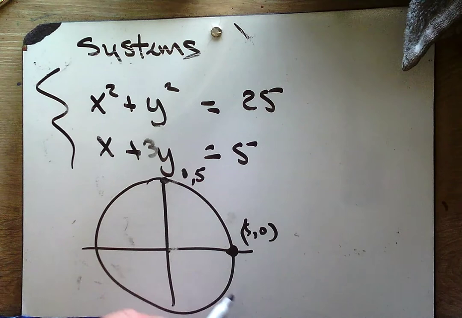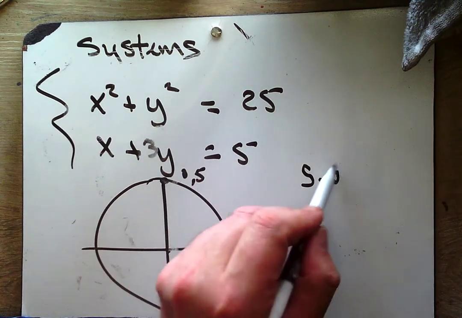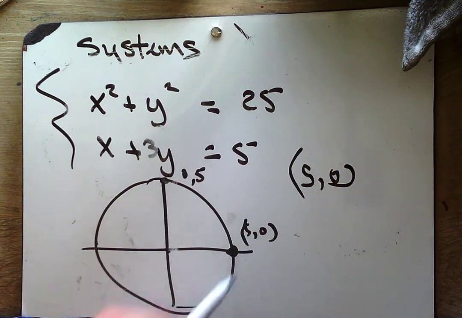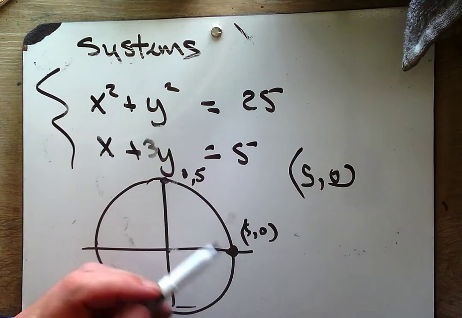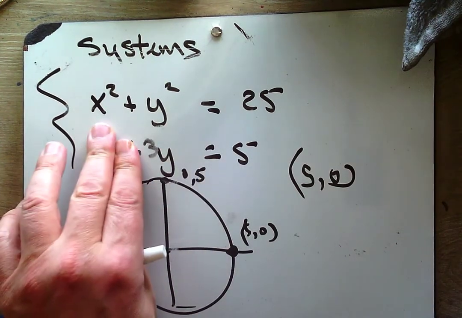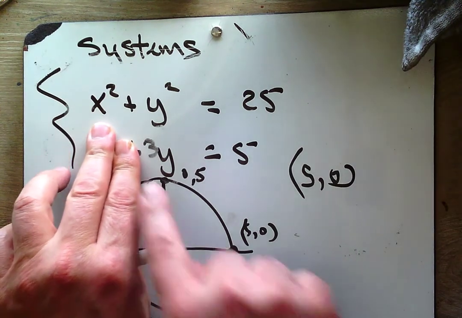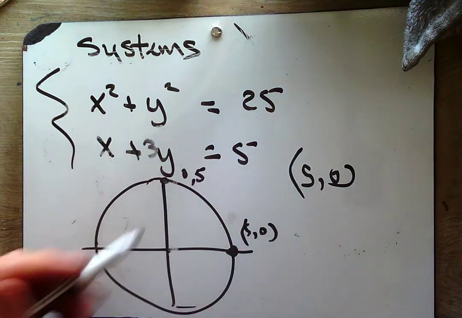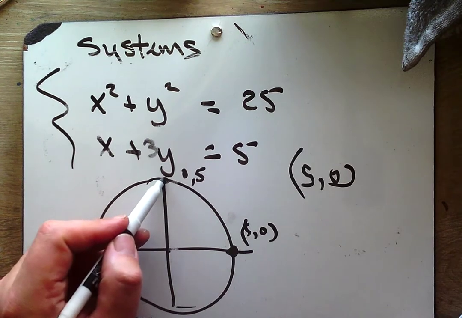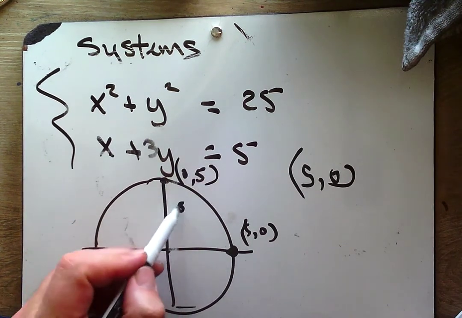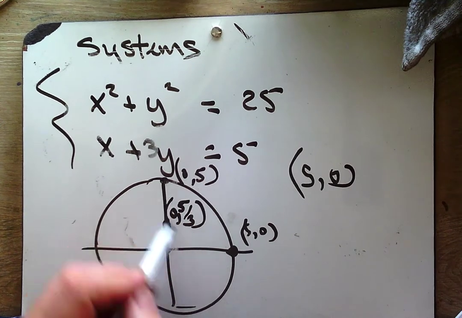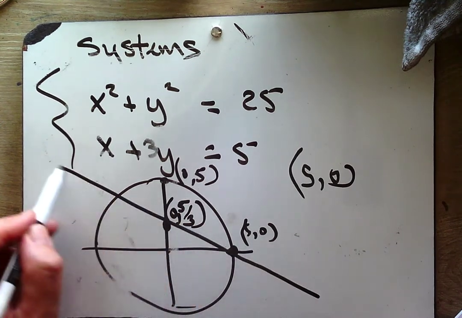Ooh, I've already found a solution. 5, 0 is where the circle exists, but this linear equation also passes through. If I plug a 0 in for x, I get 3y equals 5 or y equals 5/3. Since this y value is 5, 5/3 would be down here. And so there's my line.